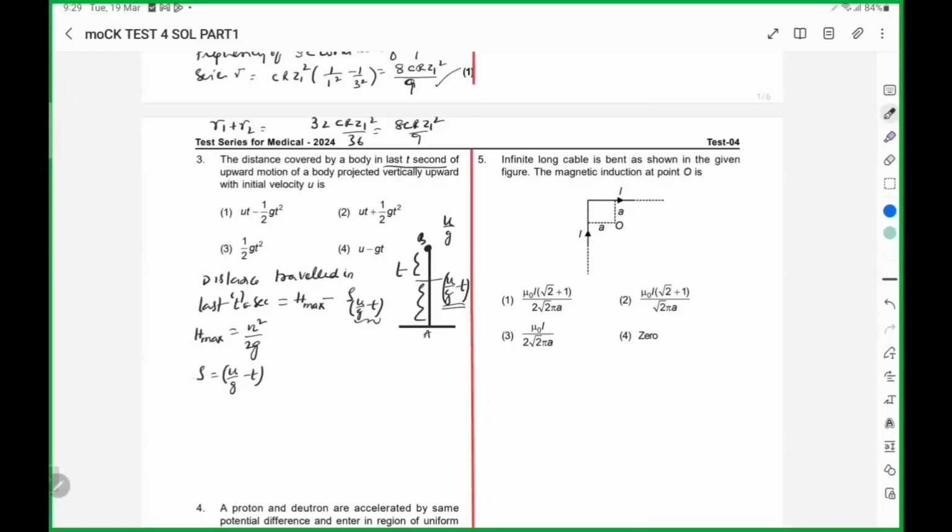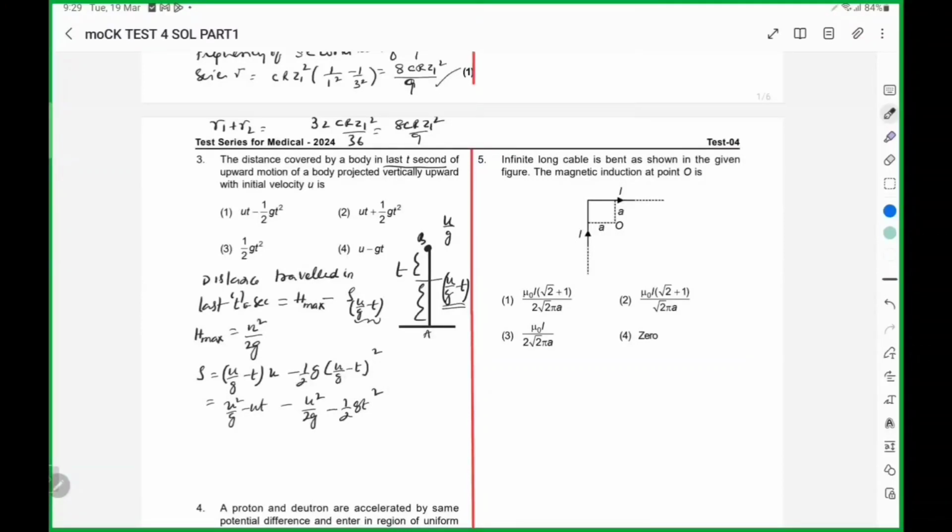u into the time minus half g into u by g minus t whole square, which is u square by g minus g u square by 2g, here minus of g t square.